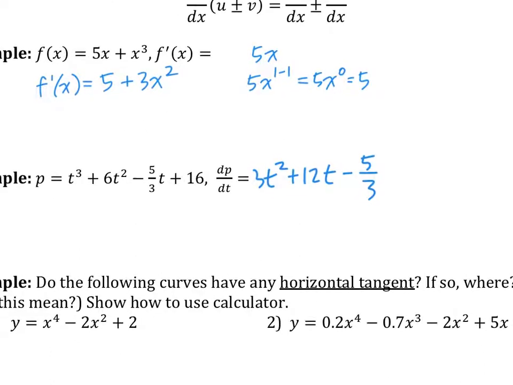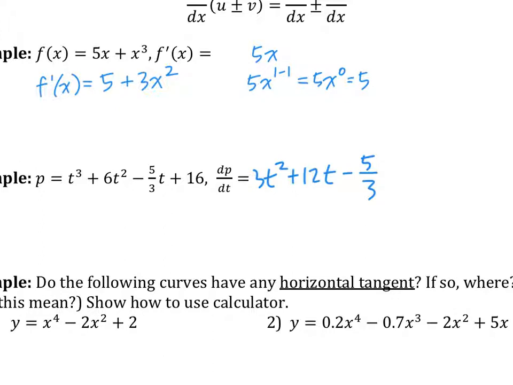Do the following curves have any horizontal tangent? If so, where? What does this mean? And I need to show you how to use the calculator. Okay, so horizontal tangent. Horizontal means flat line, right? Tangent means you only touch the curve at one point.